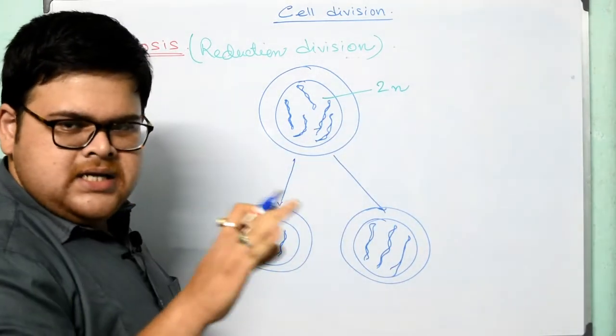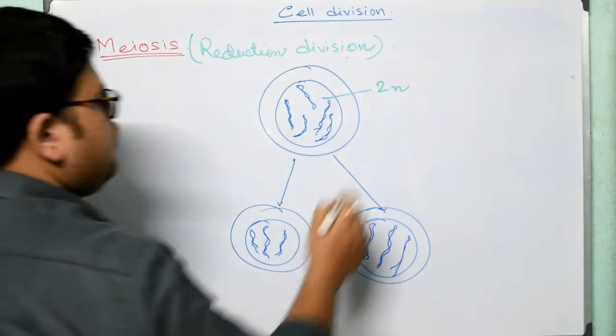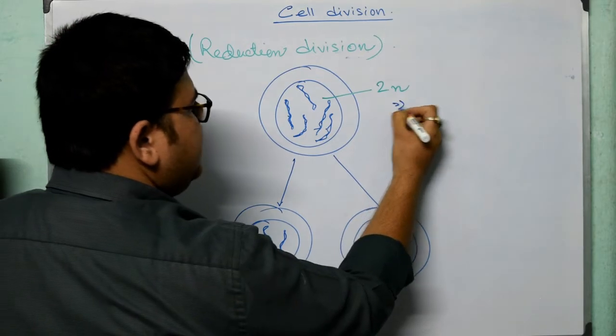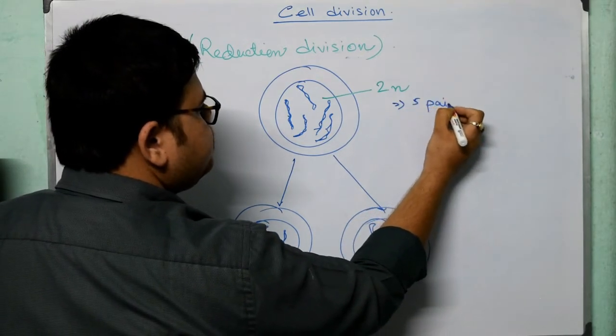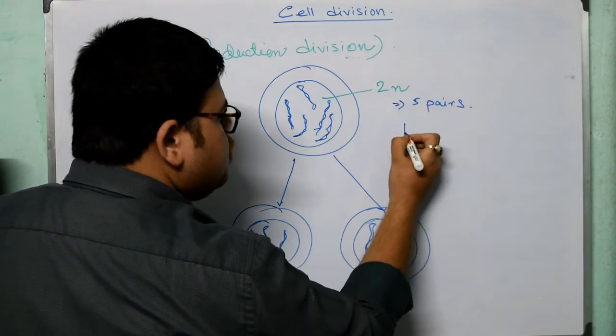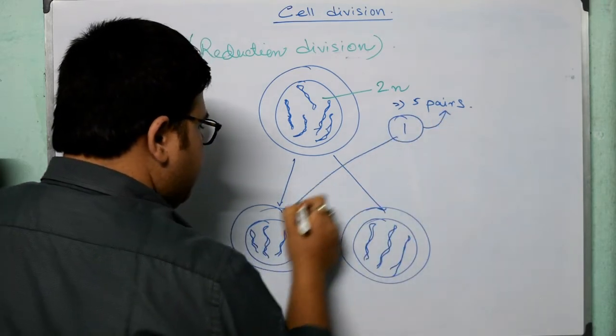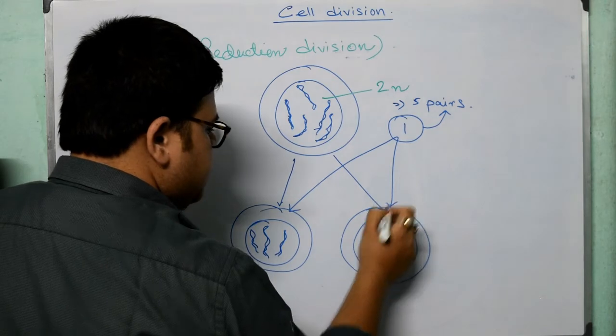Okay, we are taking it as an example. From here we can say it is 5 pairs. Now one chromosome from each of these 5 pairs goes here and goes here.